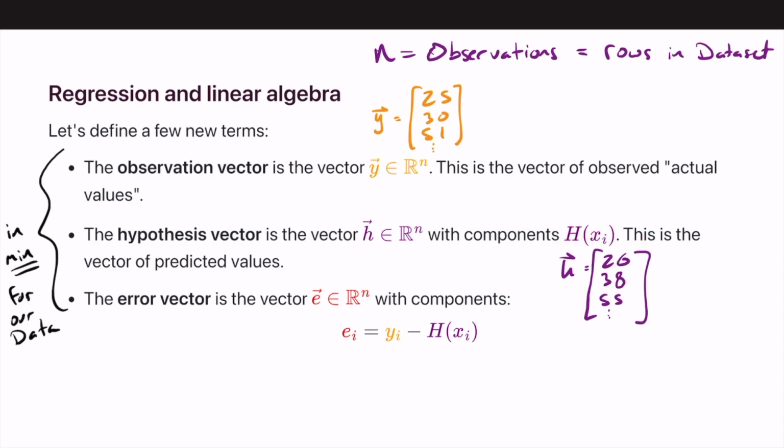And I suppose I should also say that this is a 1 by n, and this is also a 1 by n matrix. This is your predicted values, and these are your observed actual values. So the key thing here is that the error vector is a way for us to capture the difference between these predictions and observations.